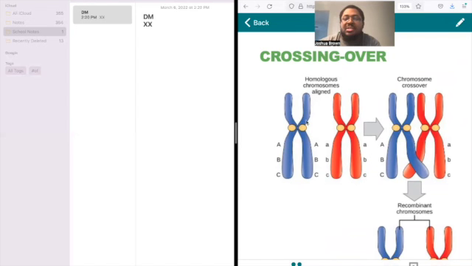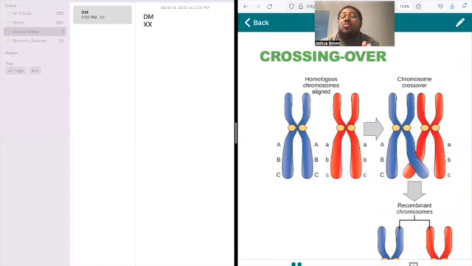Replication, which happens in S phase, has created a sister chromatid, both having identical everything, identical genes. This over here is identical to this.